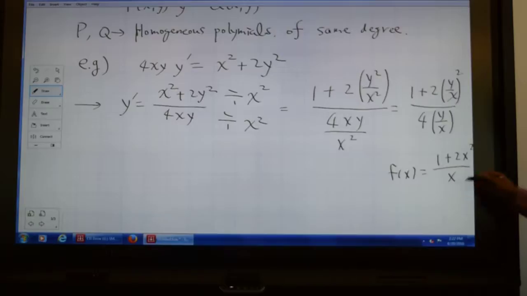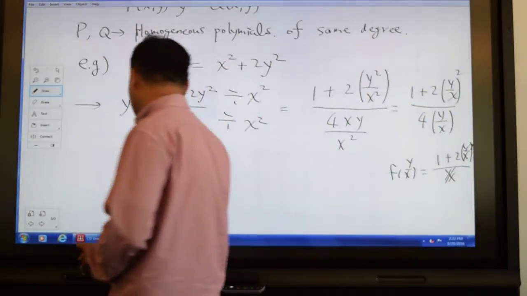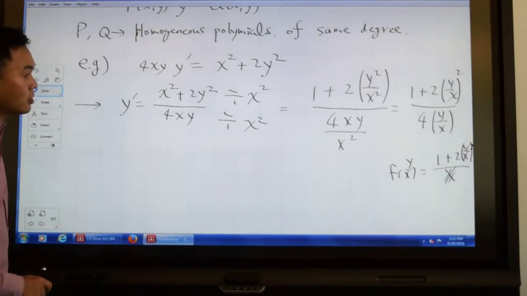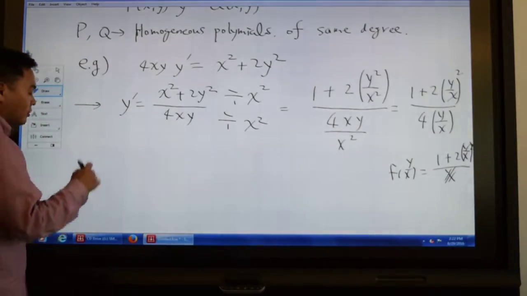It's just like taking this function and replacing x by y over x, right? So if you took that function, then you would get this right side, okay?